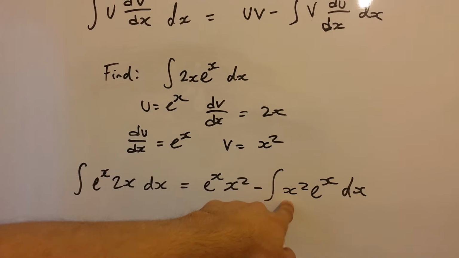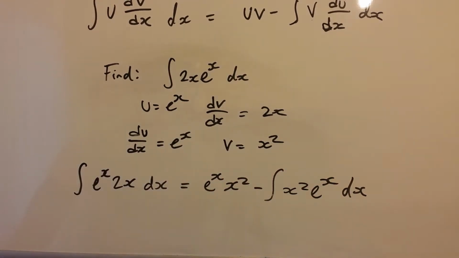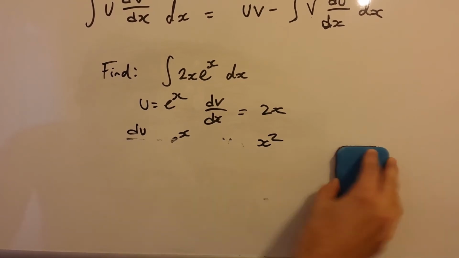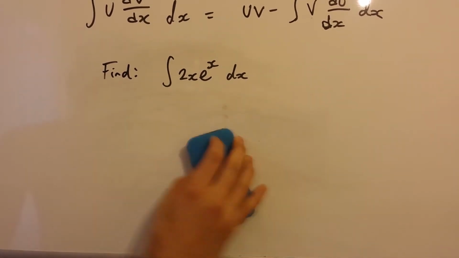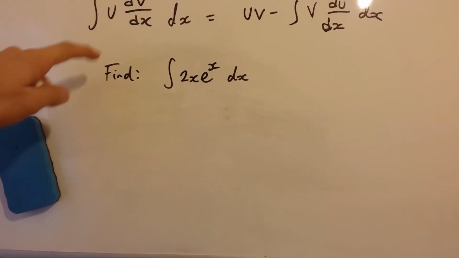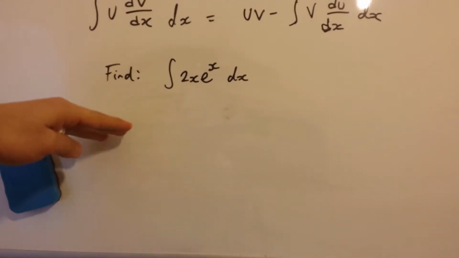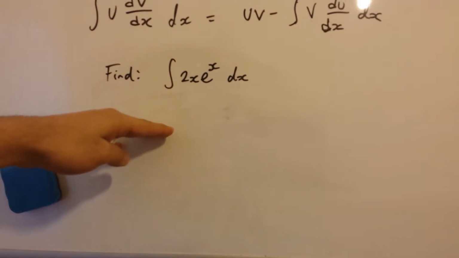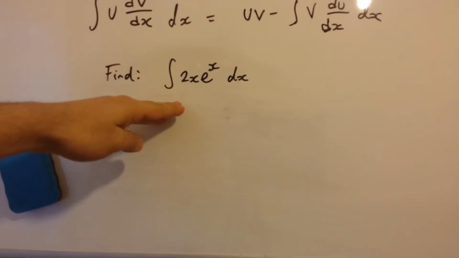We wouldn't have to do integration by parts again. So let me just quickly show that. Basically, when you choose what u must be equal to, you should choose the function where when you differentiate it, the x will disappear.